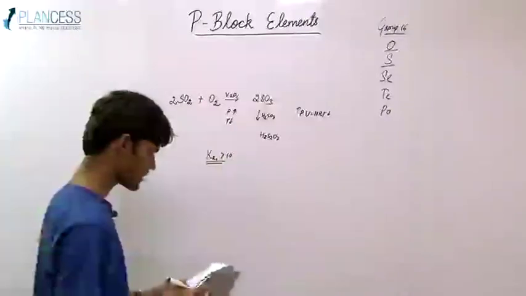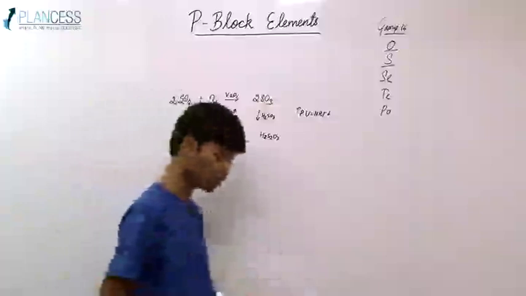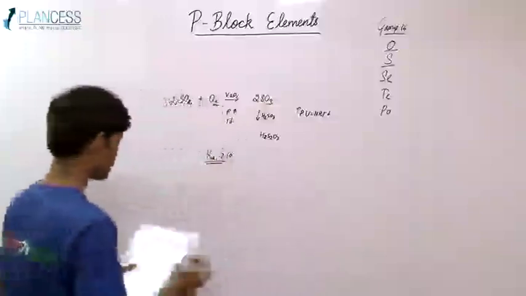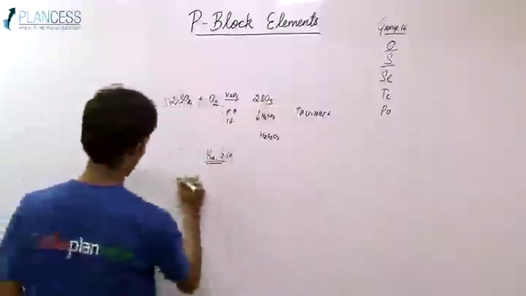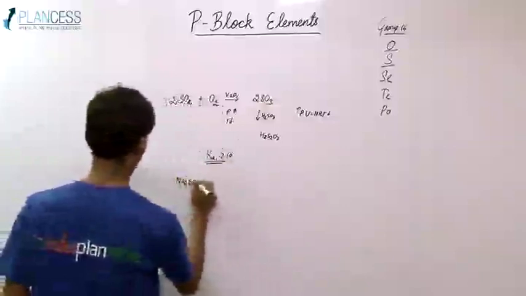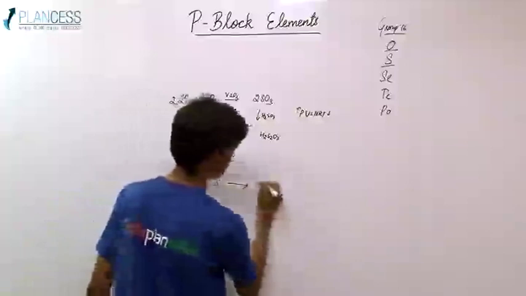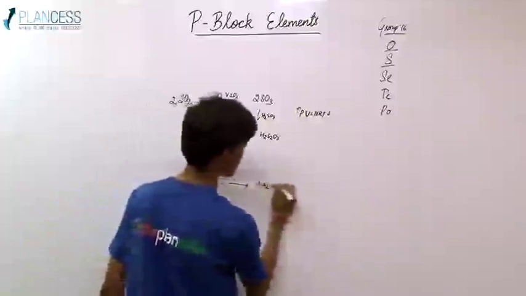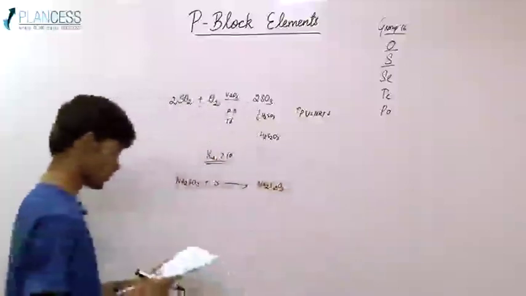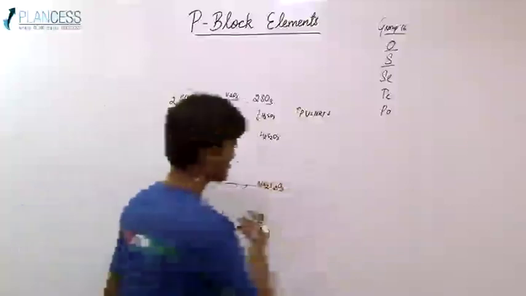The next is sodium thiosulfate, that is Na2S2O3·5H2O. It is produced by the reaction of Na2SO3 with sulfur in the absence of air, which gives you Na2S2O3. Its structure is very peculiar.